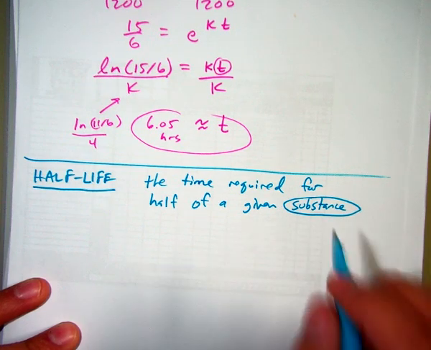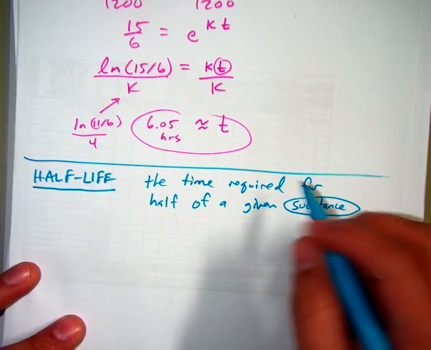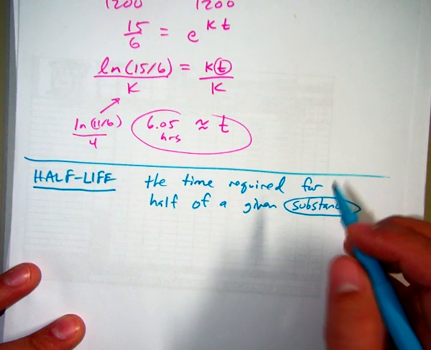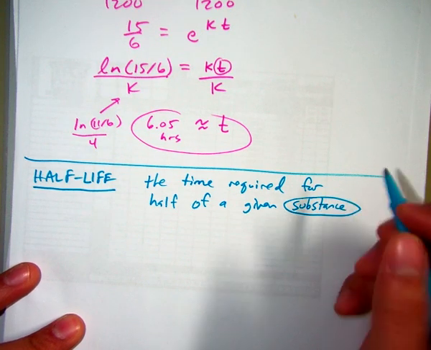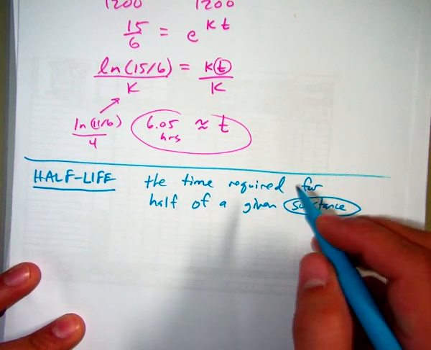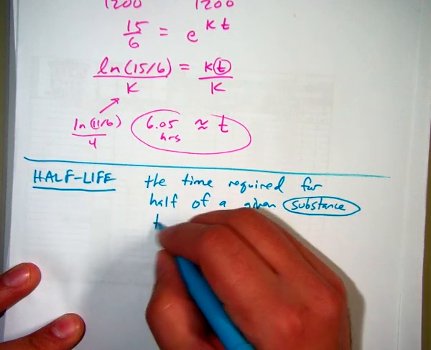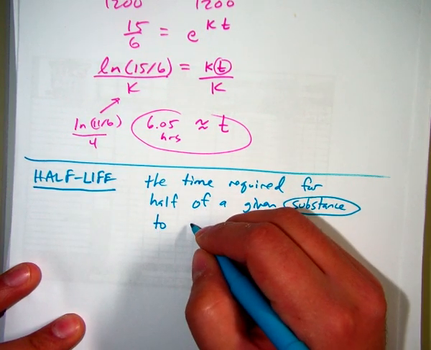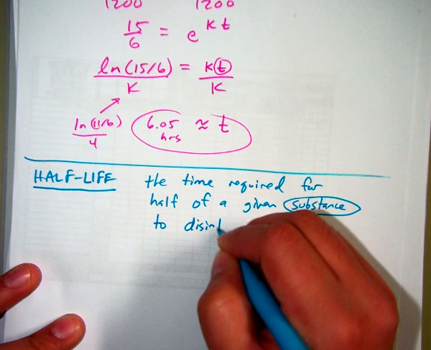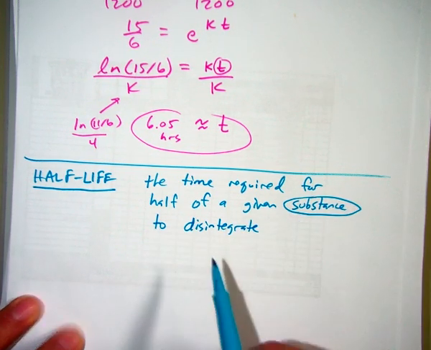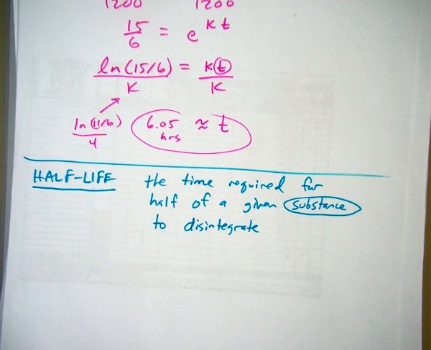But whatever amount we start with, it's the time that's necessary in order to only have half left. So the time required for half of a given substance to disintegrate. Typically, you'll see these problems with radioactive substances and stuff like that.